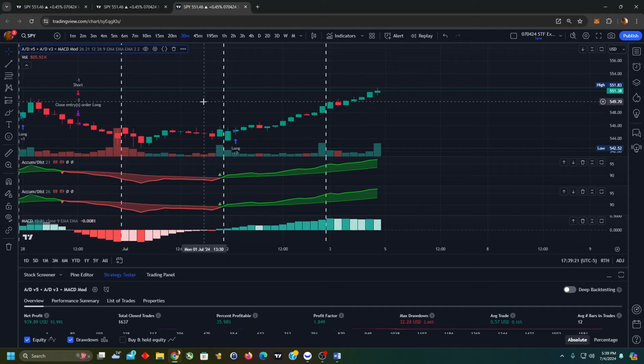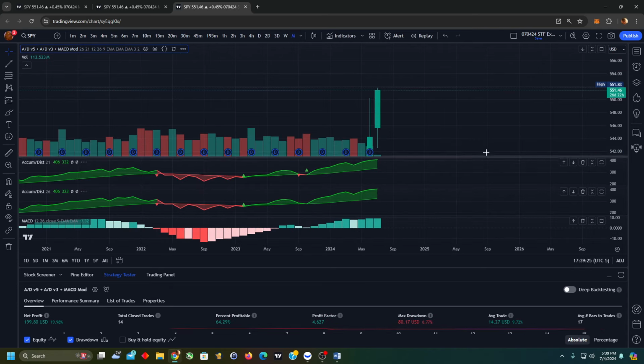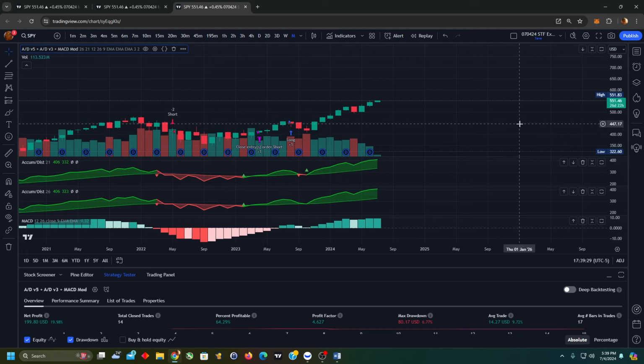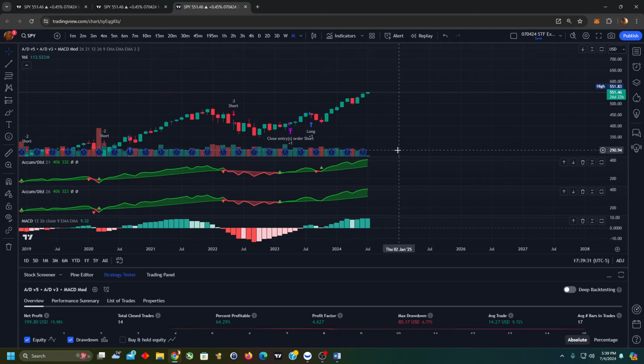So what do we mean by that? Well, obviously it starts at the highest time frames and it goes all the way down.